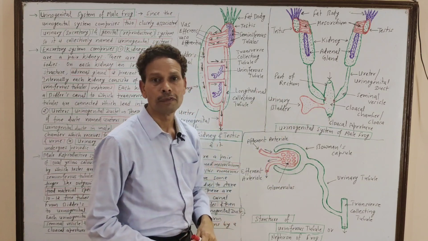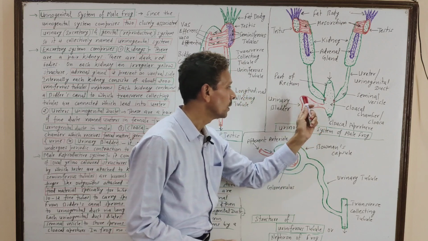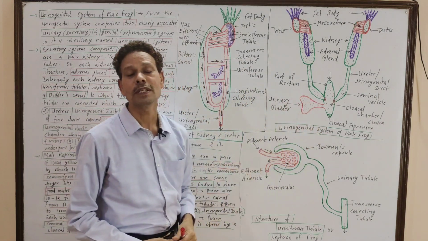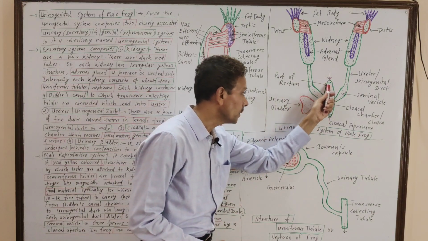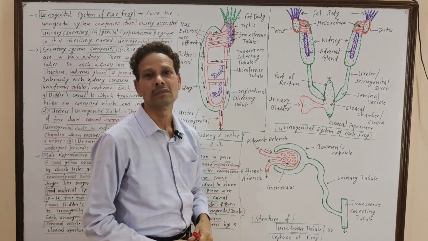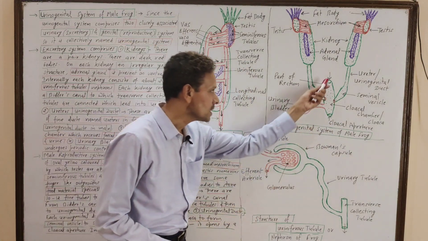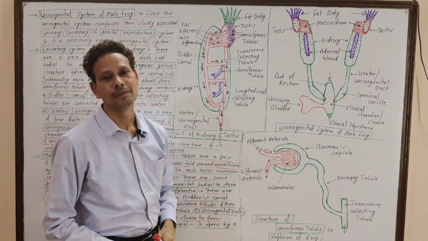And the next part of the excretory system consists of the urinary bladder. It is a single bilobed structure, associated with the lower part of the cloaca, and it stores urine temporarily. The cloaca opens by a cloacal aperture.